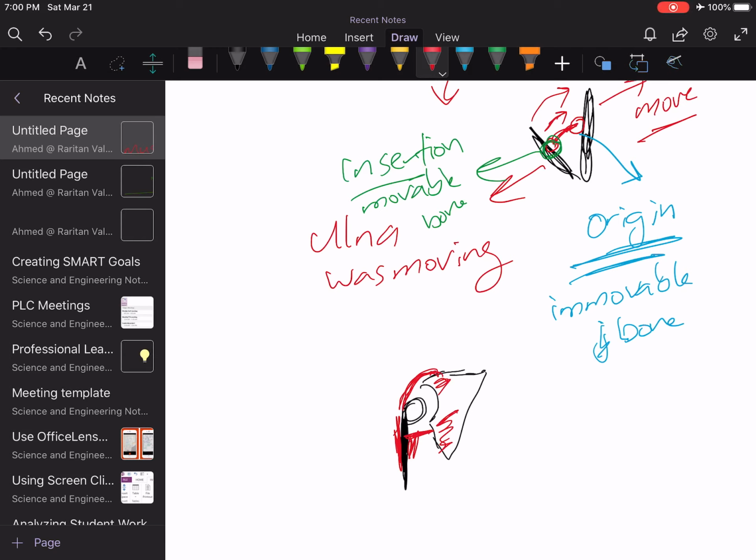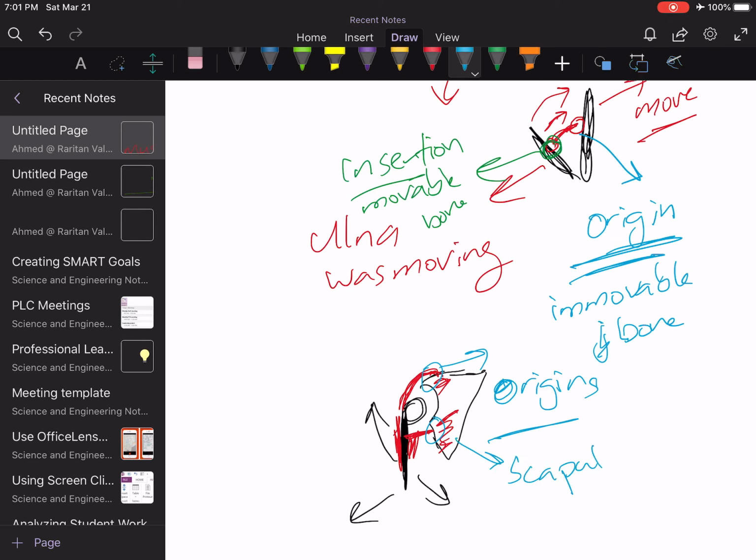Now we understand when we are moving our shoulder, we are moving the humerus, right? So most likely the origins are on the scapula, whereas all the insertions are on the humerus.